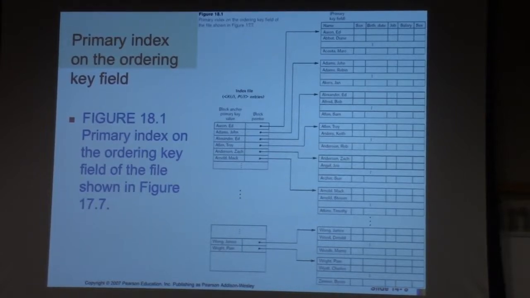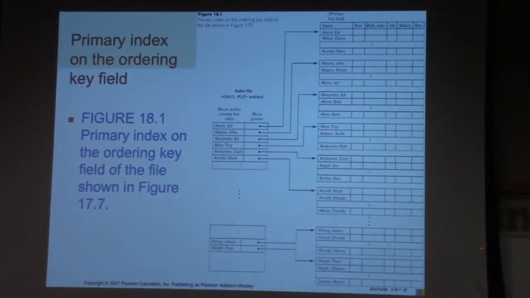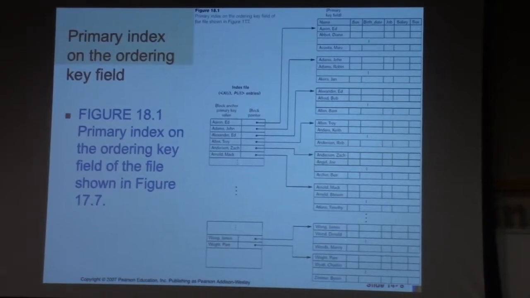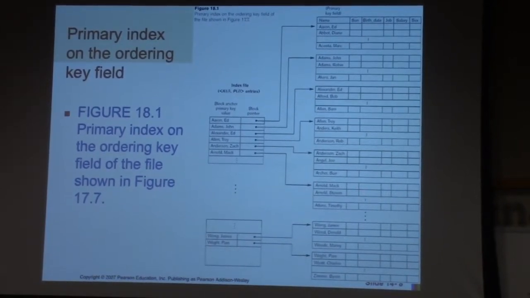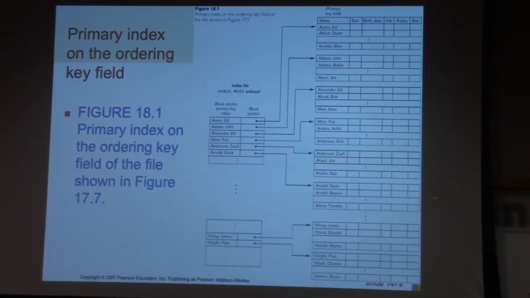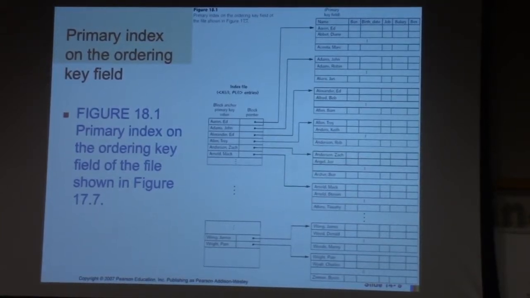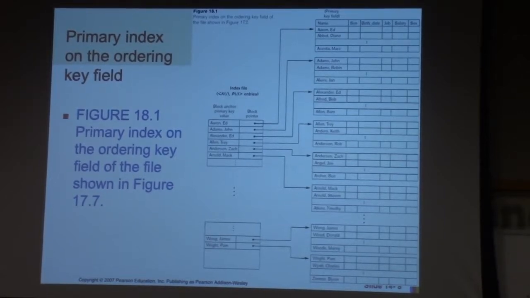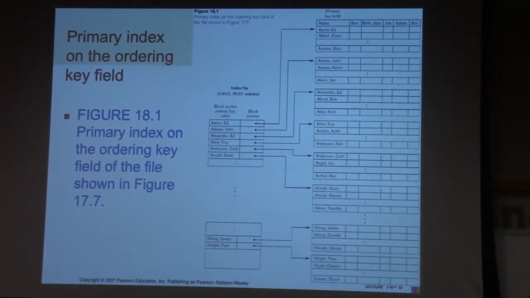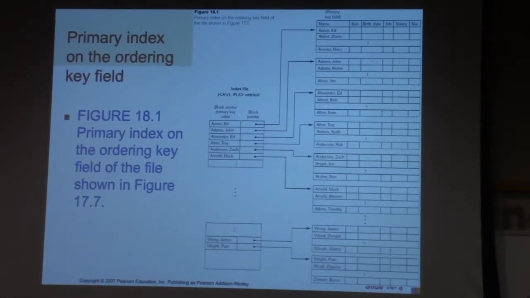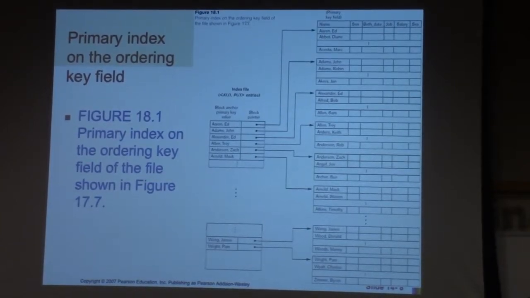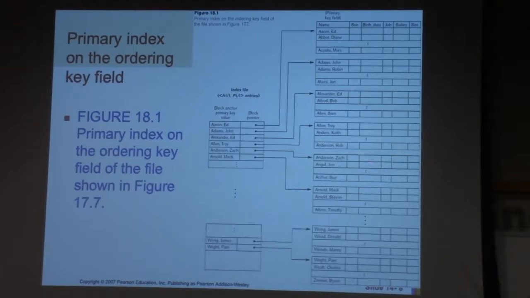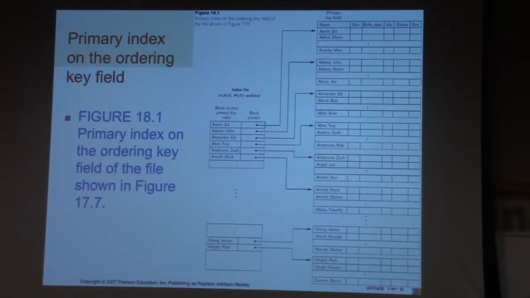You need binary search, so log n based on 2. Within one block, you need to do the binary search again, but we can ignore such overhead because it's in memory. It's just a short amount of time compared to the disk I/O. So we can access the data in log n based on 2.